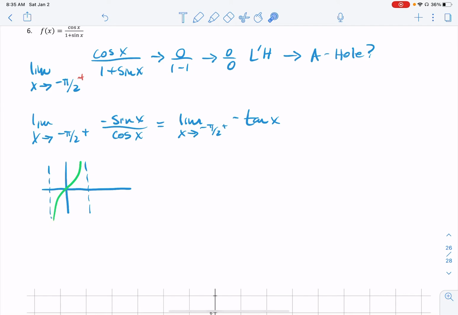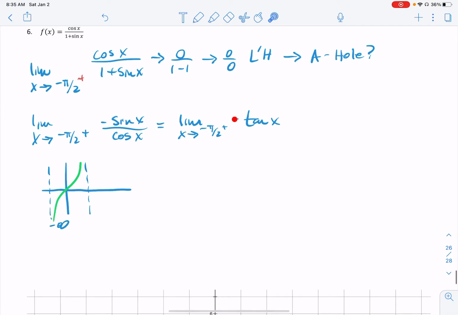This is going to go down to negative infinity, as we can see. But we're taking the negative of negative infinity, which makes this a positive infinity. What does that mean? It turned out not to be a hole, and instead is a vertical asymptote.